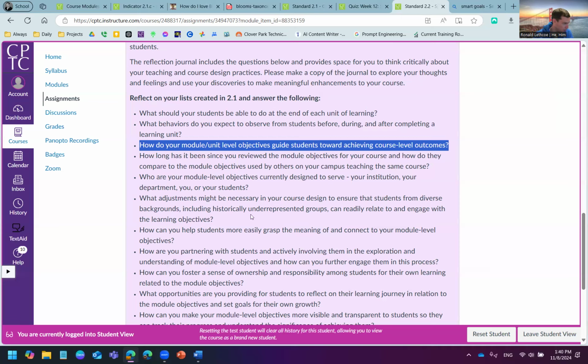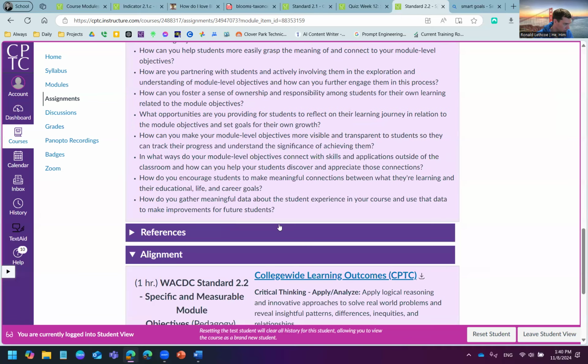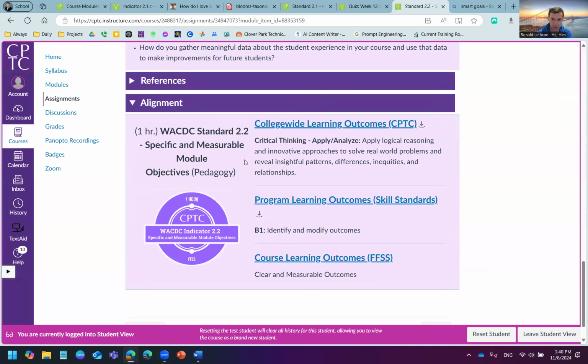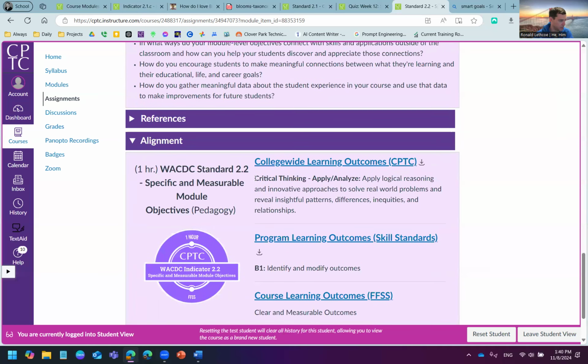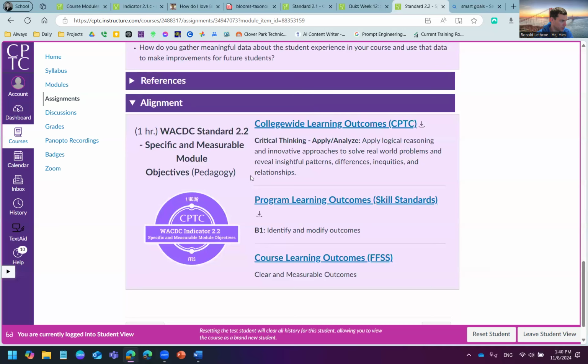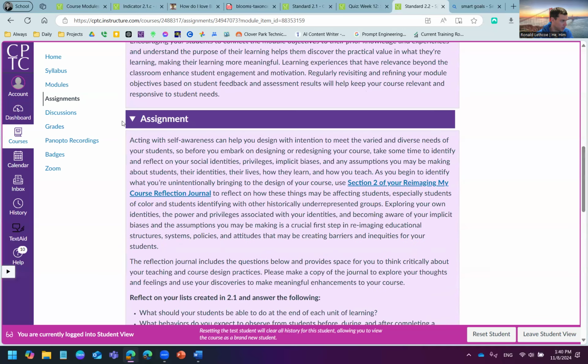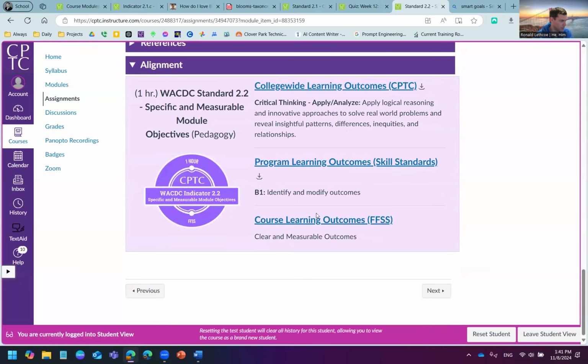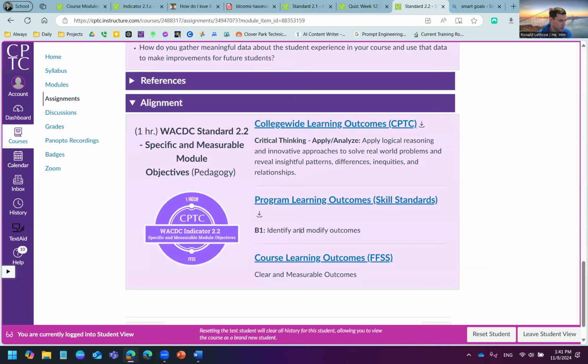That's what I try to do with these alignment pieces at the end of each of these pages. You can see what we're working on, but the CLO of what we're doing is so that we're making clear and measurable outcomes, which then moves up into the skill standards.